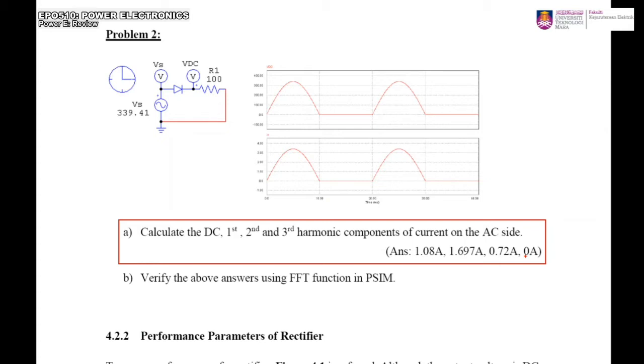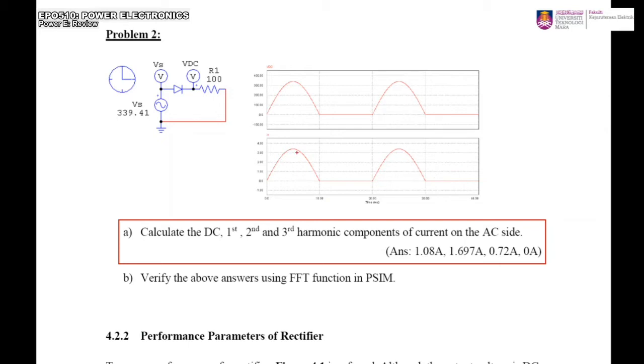So try to get the harmonics of this waveform by using the Fourier analysis that we did just now. Based on the square waveform, when you understand the steps, then you can apply them here.